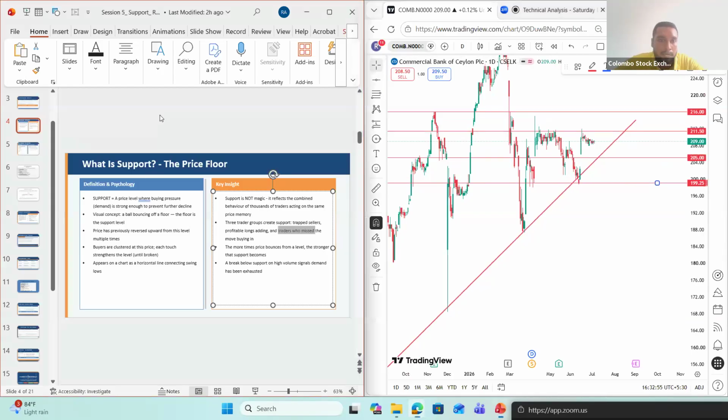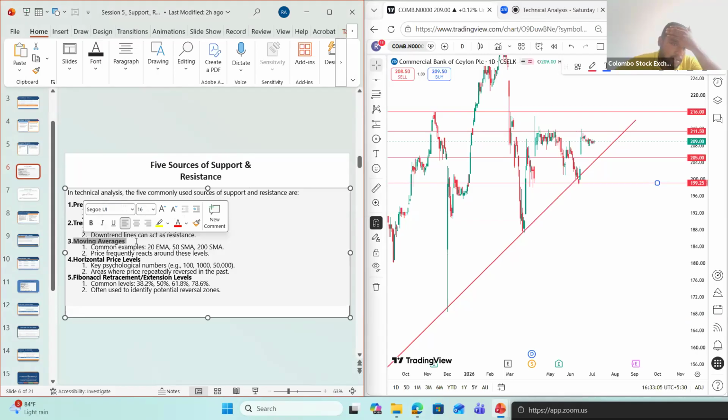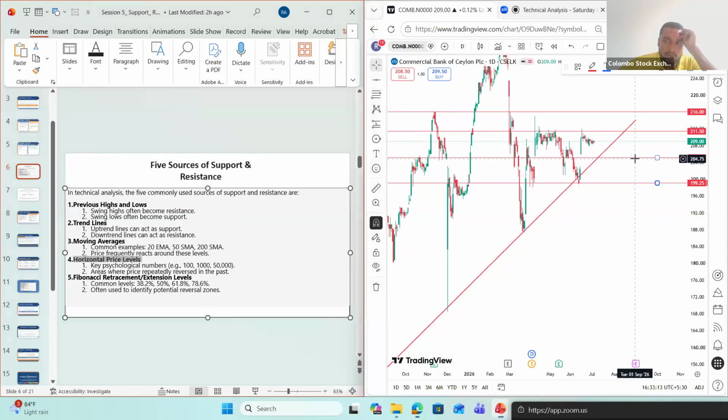So there are many sources of supports now. One is previous highs and lows, then trend lines, and also moving averages. We haven't discussed moving averages; we can probably discuss them in the next session. And the horizontal price levels. These four are the horizontal price levels where we see some price reaction.